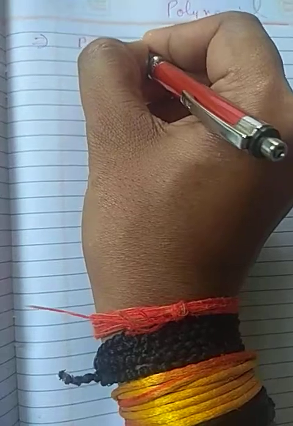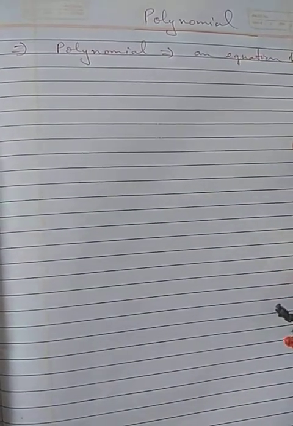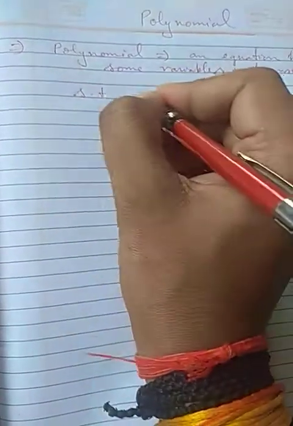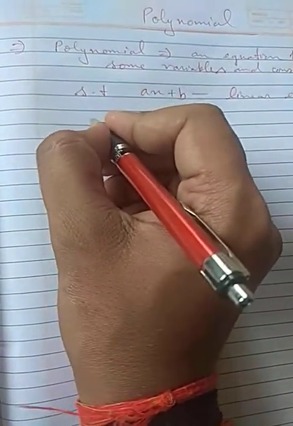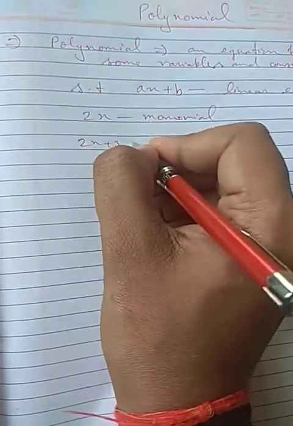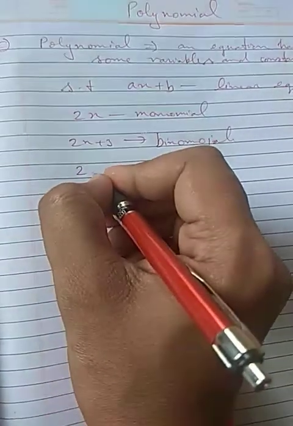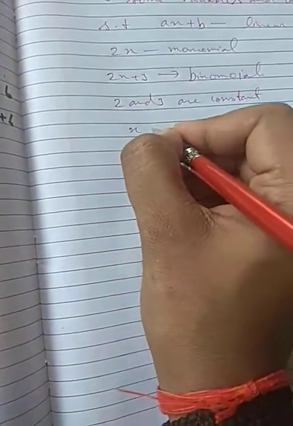A polynomial means an equation having some variable and constant, such as ax plus b, which is called a linear equation. 2x is called a monomial. 2x plus 3 is called a binomial, where 2 and 3 are constants and x is a variable.